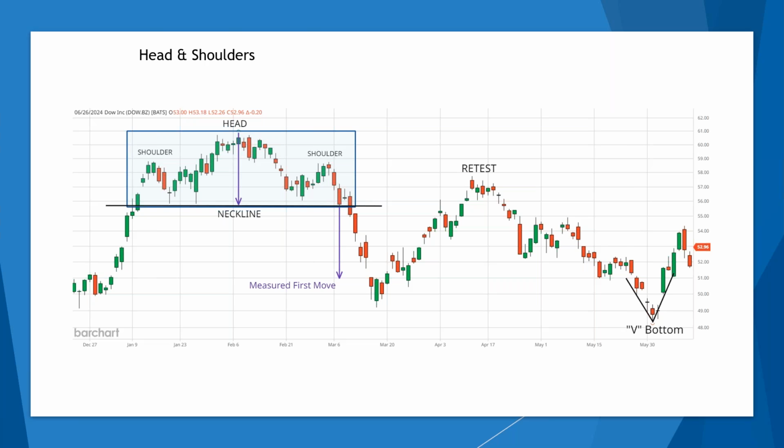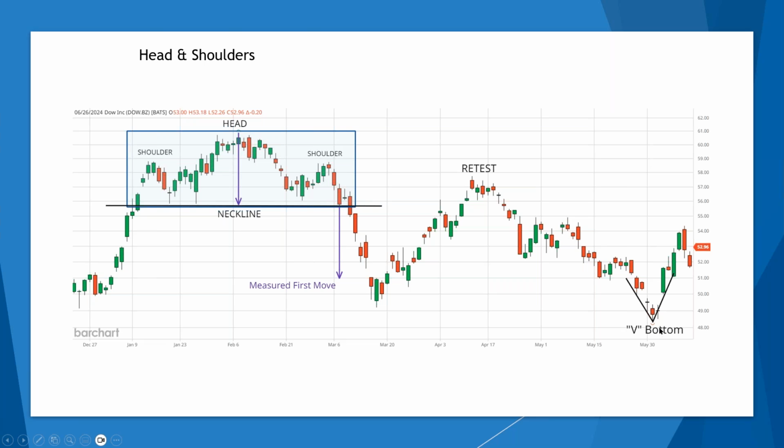That first retest is going to give us a much higher probability. But think about this in terms of trend analysis. That first retest here is a lower high, which defines a downtrend.